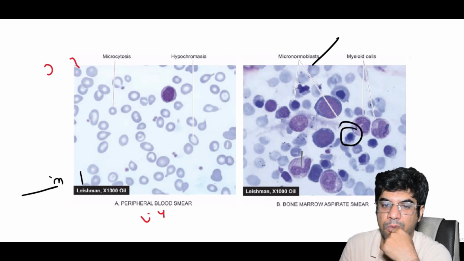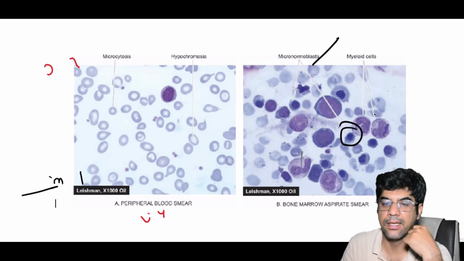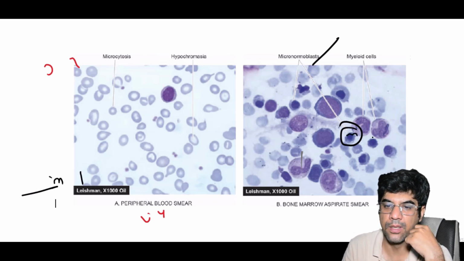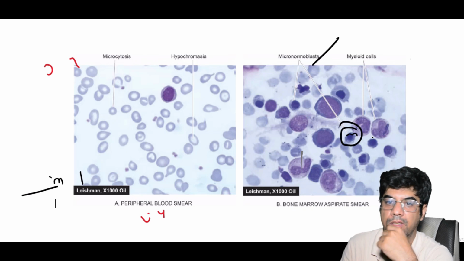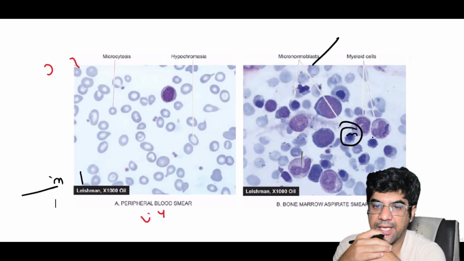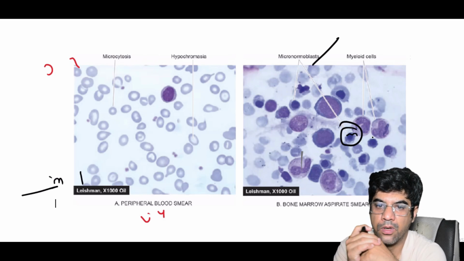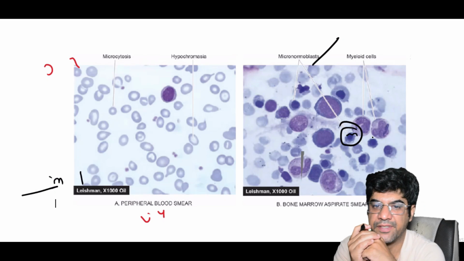These have a thin rim of cytoplasm around the cell and ragged irregular borders. Other cells, myeloid, lymphoid, megakaryocytes, are normal. If you do iron staining with Prussian blue on bone marrow aspirate smear, they show deficient reticuloendothelial cell stores.